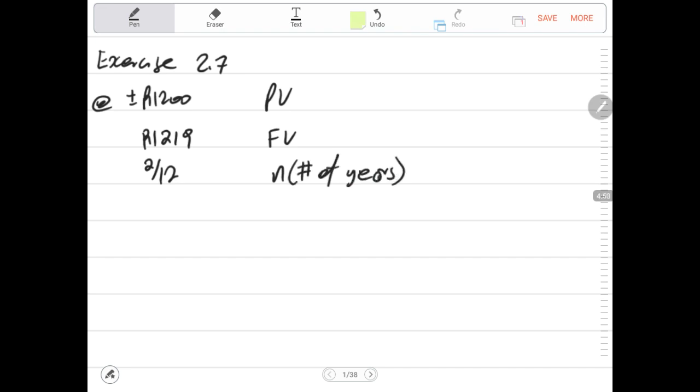That means if our N is in years, then the interest that we are calculating will be per annum. Then we compute our I. I will use my manual calculator, but there is an app calculator that I will use later in other chapters, which is the present value of an annuity and the future value of an annuity.